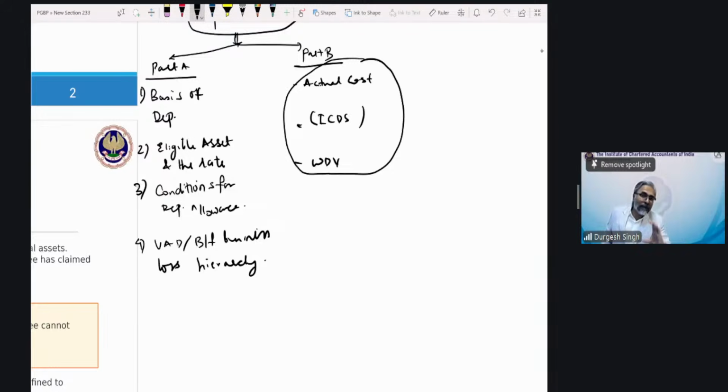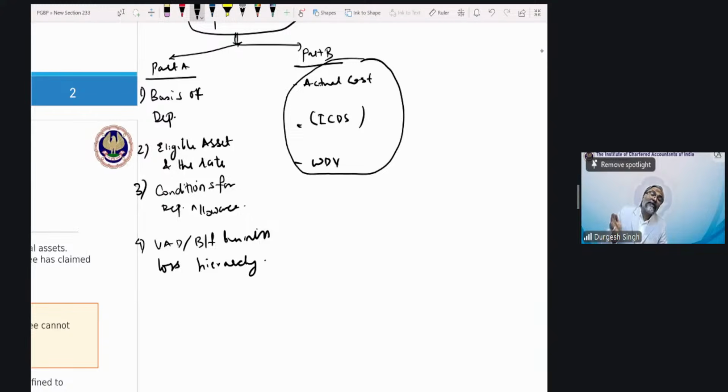Please recall the format of your block: opening WDV, add additions, and that addition is made on the actual cost of the asset. And after that, students, you reduce the money which is payable on account of sale, asset being sold, or asset being demolished or discarded, or through an insurance compensation. For whatever be the reason, you should receive the money.